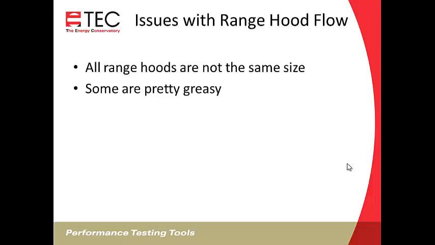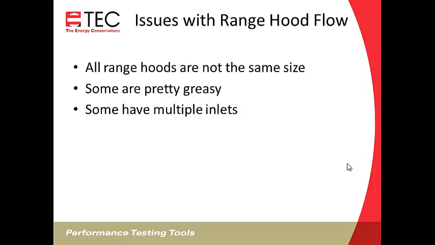And some are pretty greasy if you're in an existing home, so whatever you're using to try to measure the airflow, it may be a one-time use, or maybe you have to put some tape over it to cover the greasy ends or something. Some have multiple inlets, which make it particularly difficult. Sometimes those inlets hang down below the fan, which makes it more cumbersome to try to get a measurement.